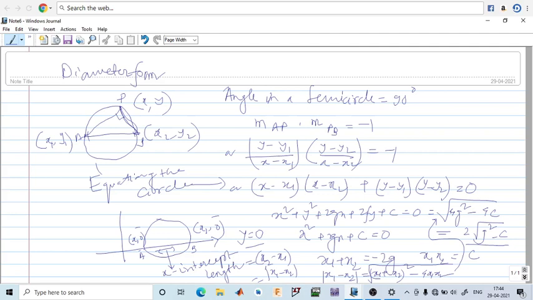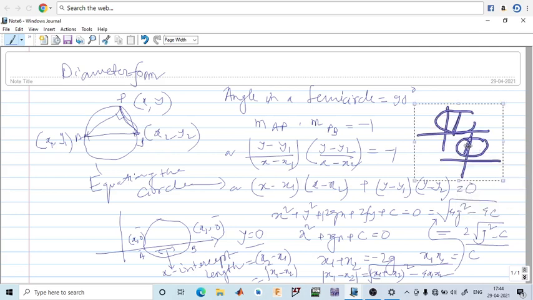In a similar way, if you need to find the y intercept length, then instead of g it will be f: 2 root f square minus c.